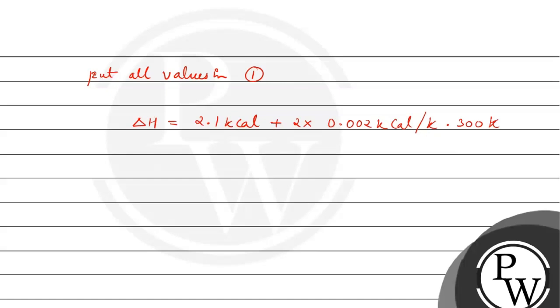So if we solve this, it will come as 3.3 kilocalories. So now we have delta H with us.